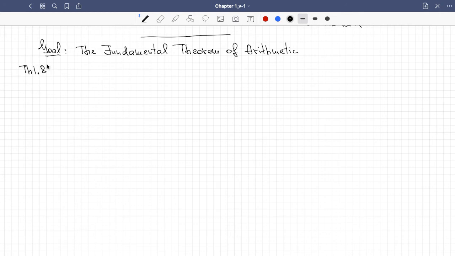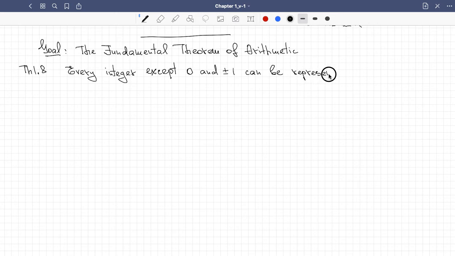It roughly says that every integer except zero and plus or minus 1 can be represented as a product of primes in an essentially unique way.